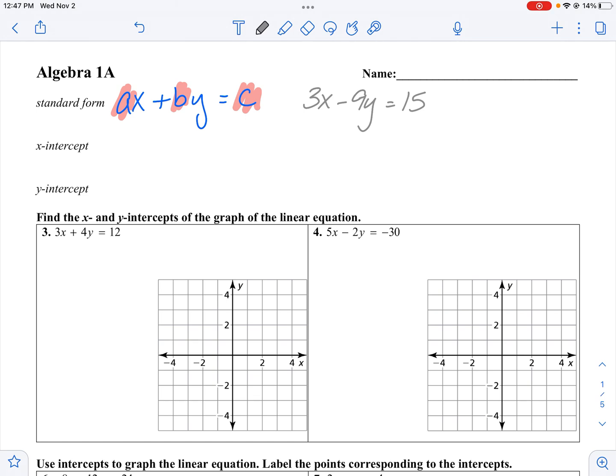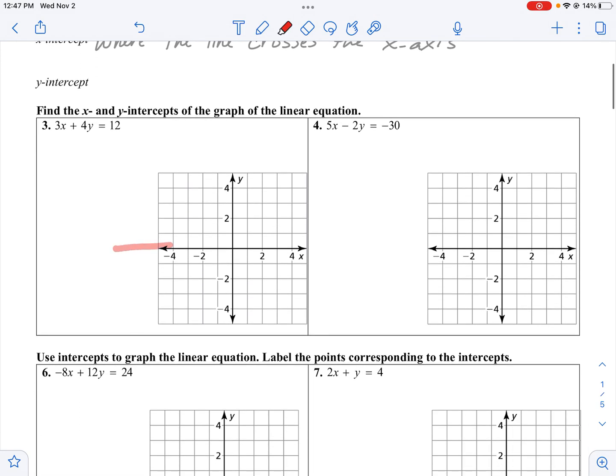An x-intercept is where the line crosses the x-axis.